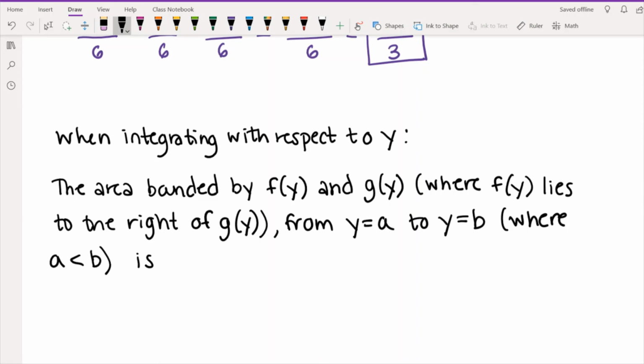So you just do the same idea. You do the integral from a to b of f of y minus g of y dy.